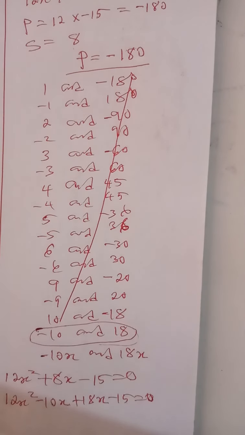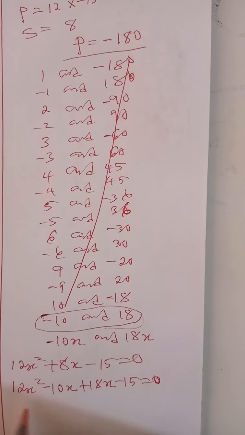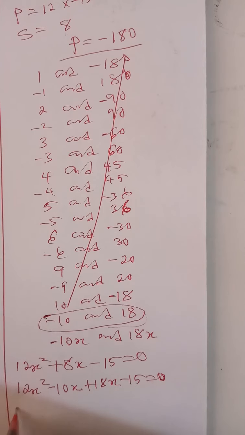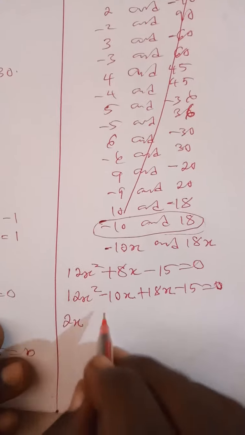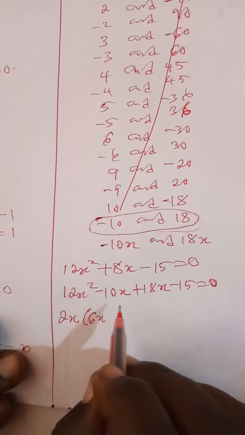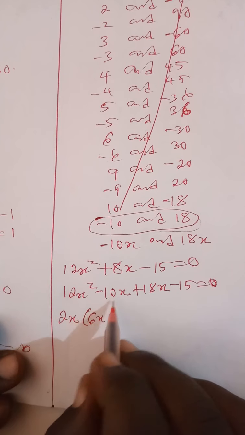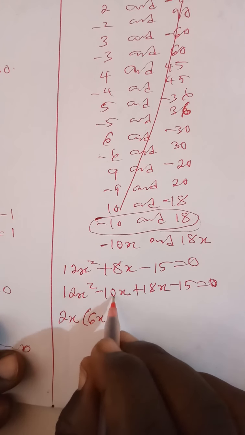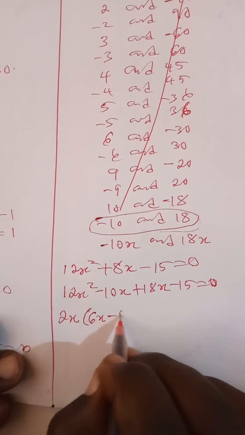See that? So I can now do some factorization here. x can go. What's the HCF of 12 and 10? It is 2. So I can take 2x out. If I take 2x out from here, I'll have 6x left. Then I can take 2x from here, and it leaves me with 5.